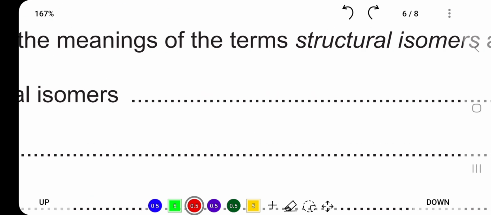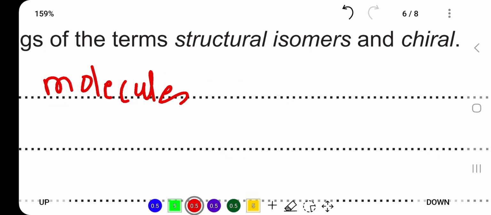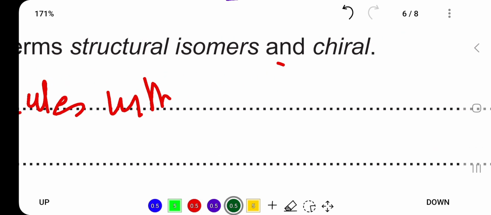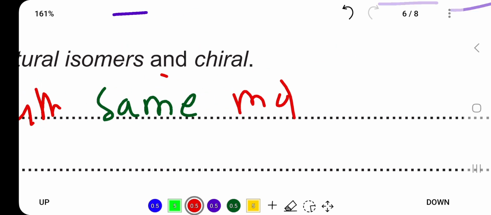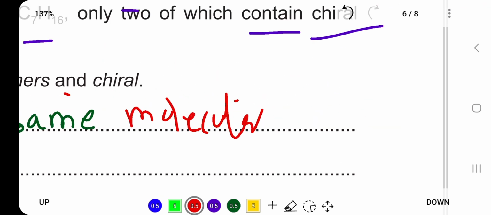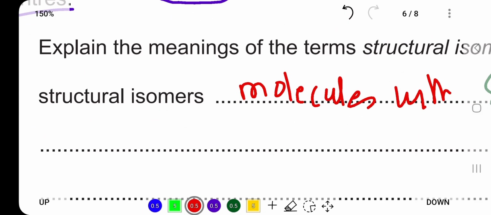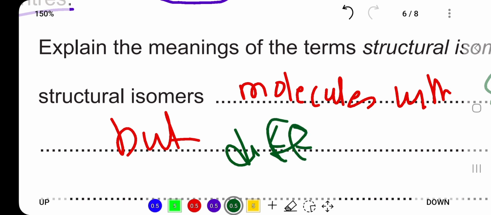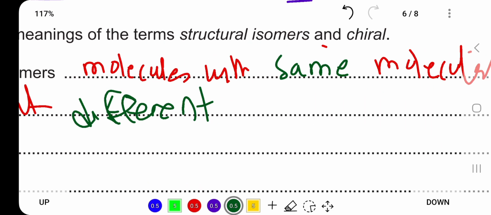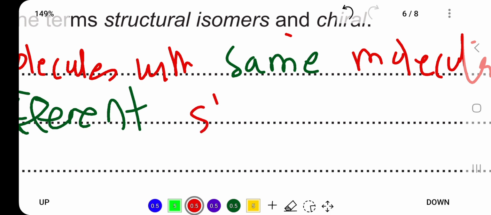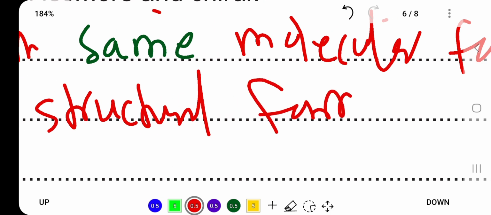Structural isomers are molecules with the same molecular formula but different structural formula.